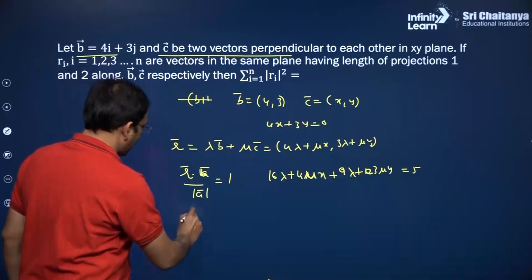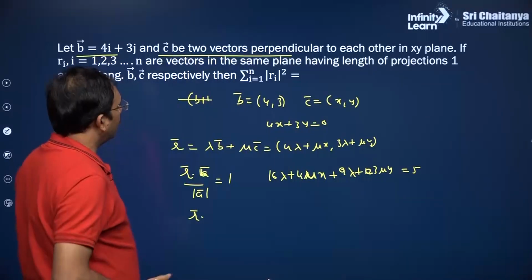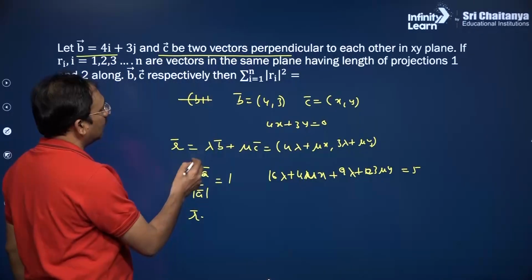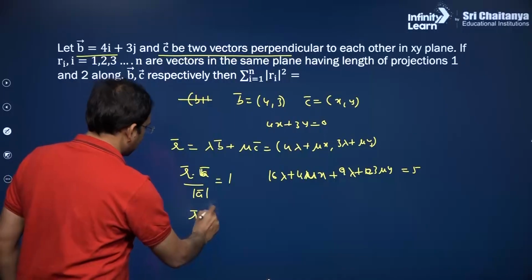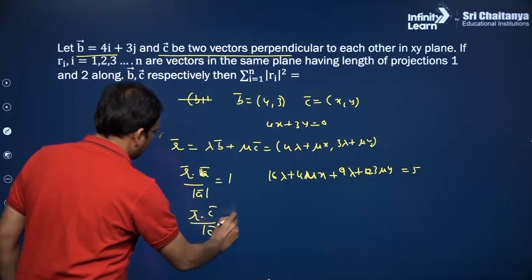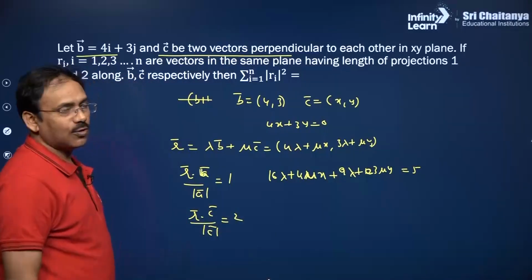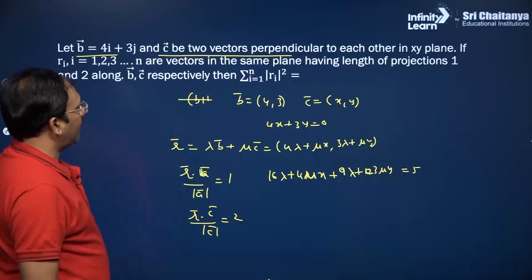Similarly, he has given the projection along c bar, right. So we can say, my dear friends, in the same way r bar dot c bar by magnitude of c bar is also given as 2. So here, in the same plane, having length of projection.